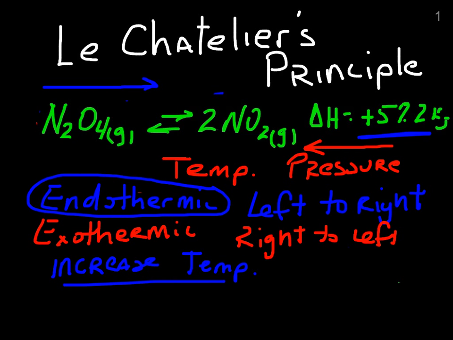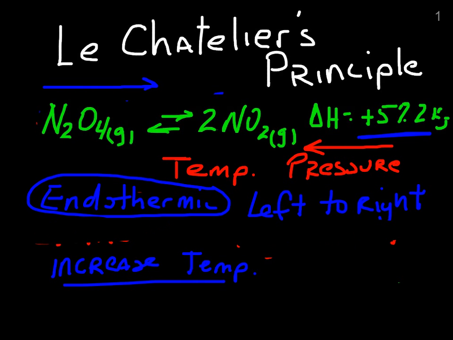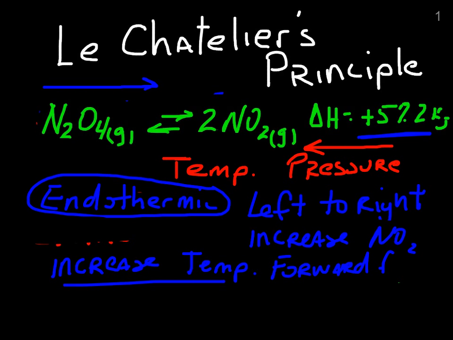So if I increase temperature, I'm increasing energy, and I'm going to give the reaction exactly what it wants. So I am going to end up shifting the equilibrium to the right. In other words, I'm going to increase the concentration of the NO2. It also means that the forward reaction is favored, and I'm going to end up with more NO2 once the equilibrium is reestablished.